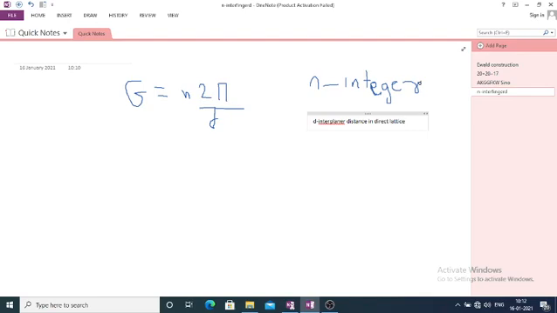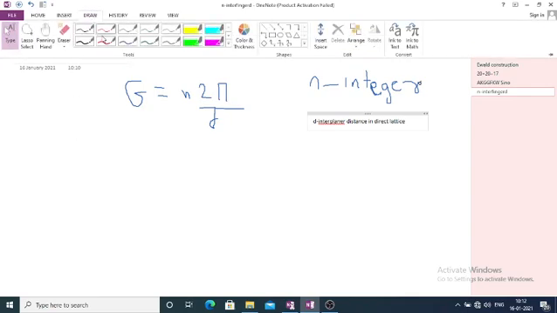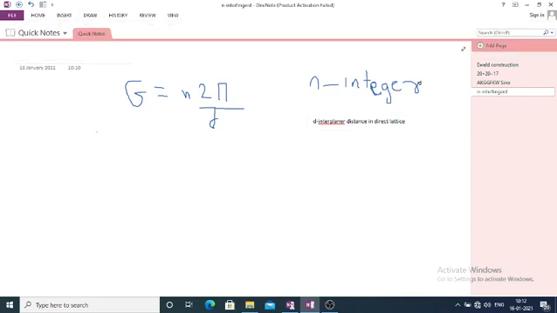So by using this equation, this is g also. So comparing the two equations, we get n into 2 pi upon d is equal to your earlier equation, g is equal to twice k sin theta.